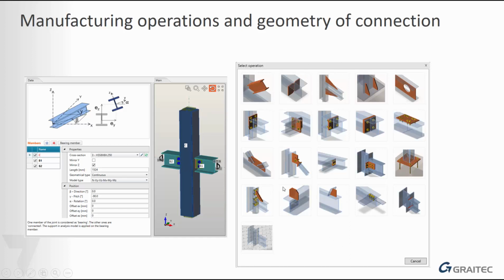So for example, if you want to add a member like this, or some stiffeners, ribs, openings, and these kinds of connections, or even anchorages, ADC already has all of them in the library, and with just one click you can add these operations into your model.